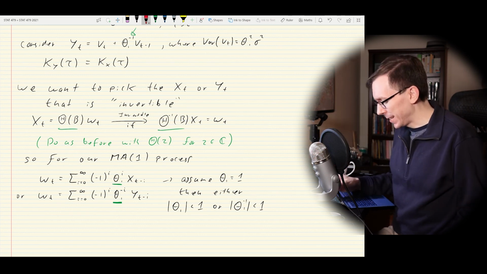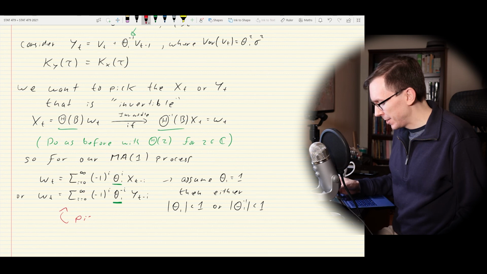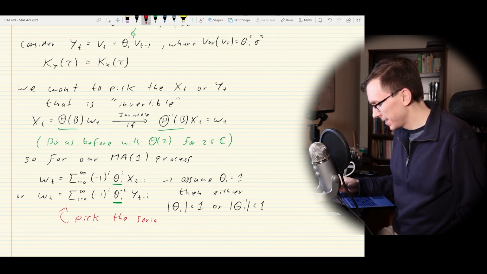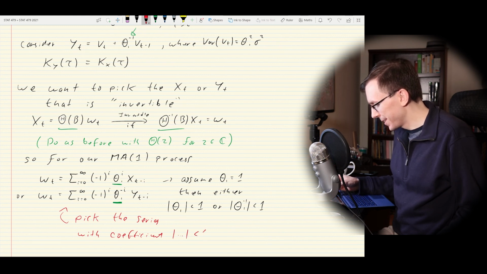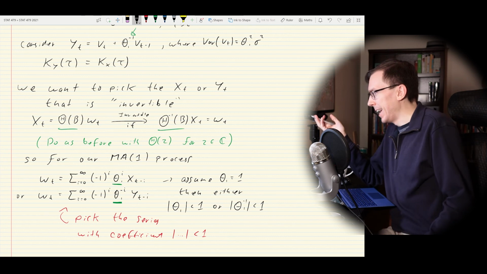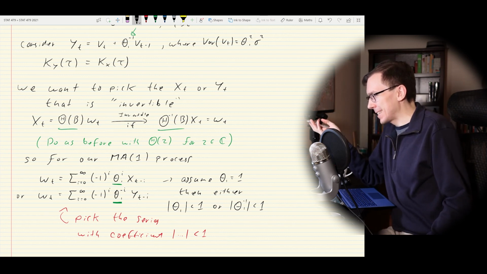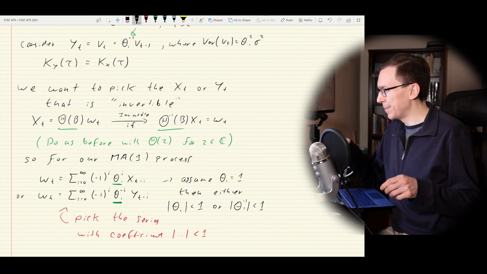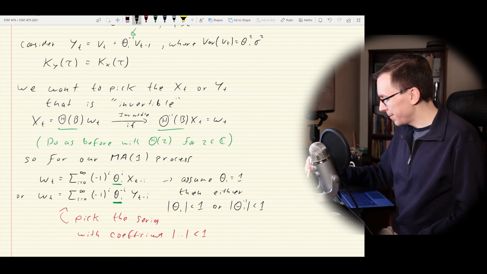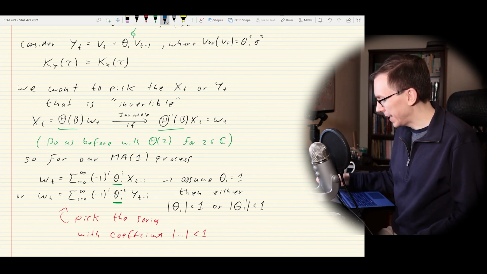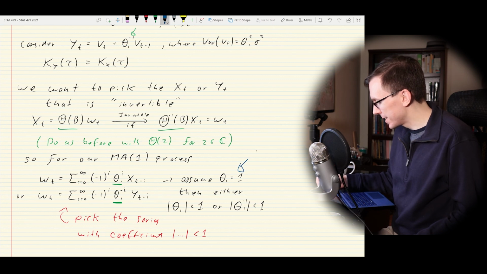So effectively, we pick the series with coefficient less than 1 in magnitude. And that's the process we're going to work with. That's going to be the invertible one. If we are in the special case where theta is equal to 1, this is not invertible.